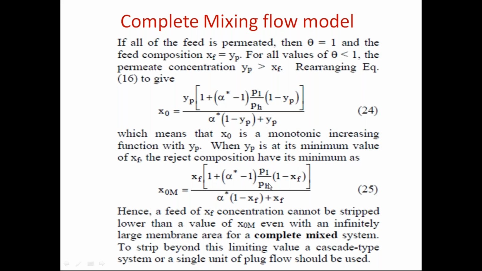So you have to take such decisions by calculating the XOM. So you can calculate the XOM by using this equation, and then you can see whether the membrane is to be changed or the operating conditions are to be changed.